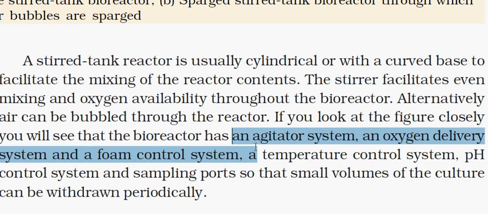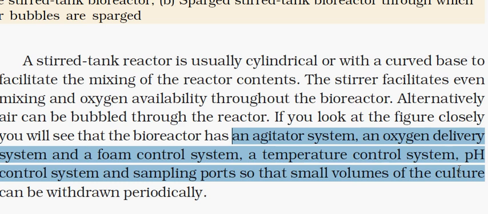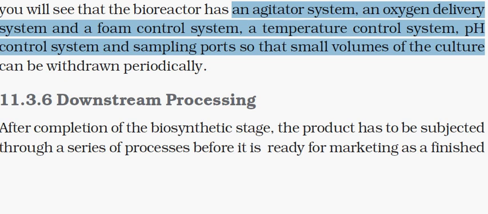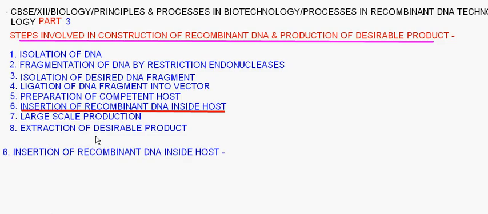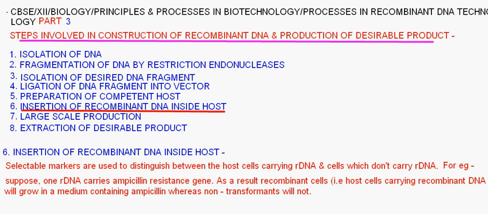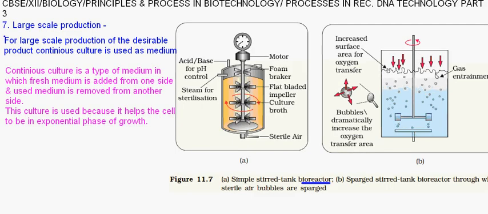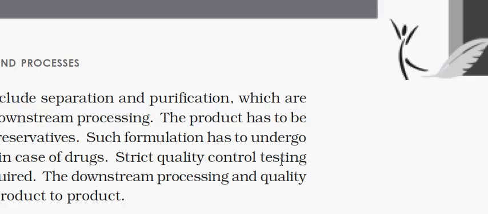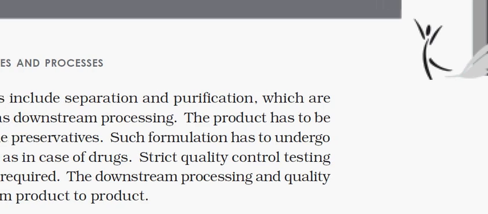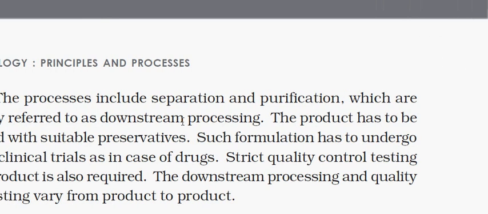Now, what is downstream processing? That's the final step. As you can see, the last step, extraction of the desirable product, is done by downstream processing. It is the processes which include separation and purification of the desirable product, and then quality control of the product is done.